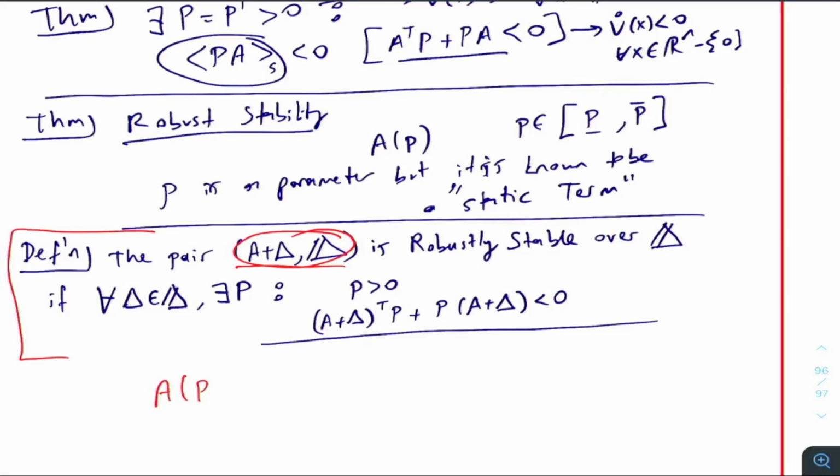And each parameter takes a value between some pi lower and pi upper, right?